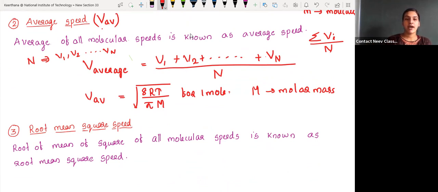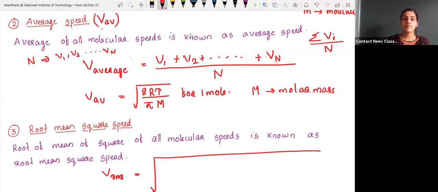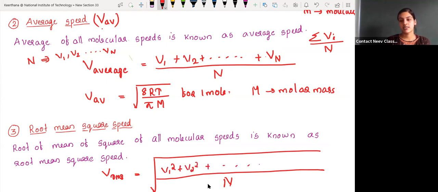If n molecules having speeds v1, v2, etc., vn, Vrms is equal to root of the mean, meaning divided by n, of the squares of all molecular speeds: v1 square plus v2 square plus etc. plus vn square divided by n.